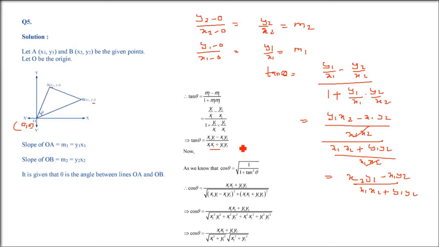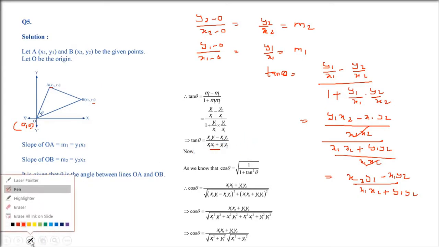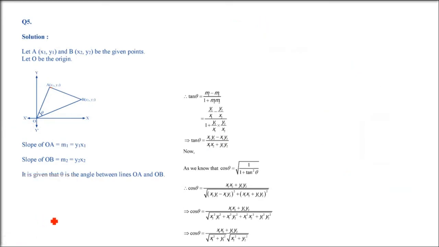Now what will be the cos theta? There is a relation. You know that sin square theta plus cos square theta equals 1. You divide both sides by cos square theta. You will get 1 plus tan square theta equals 1 by cos square theta.